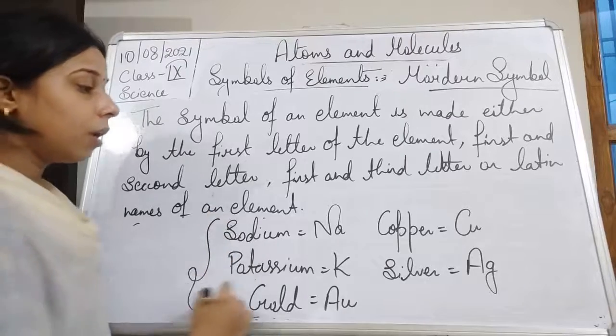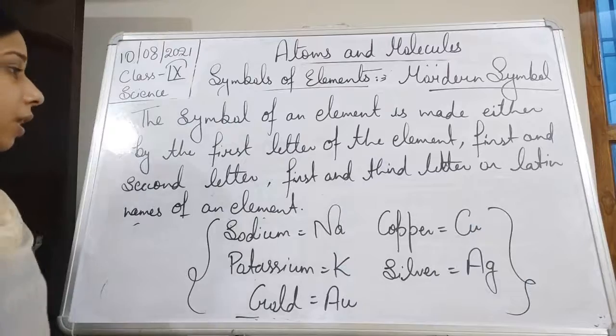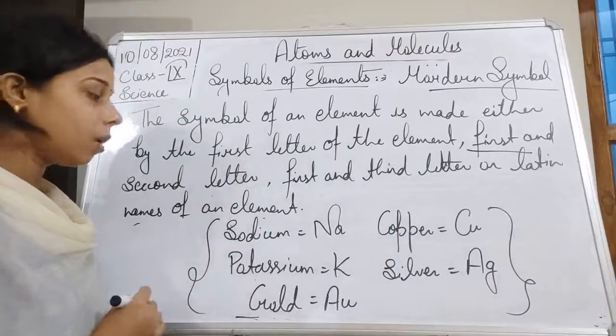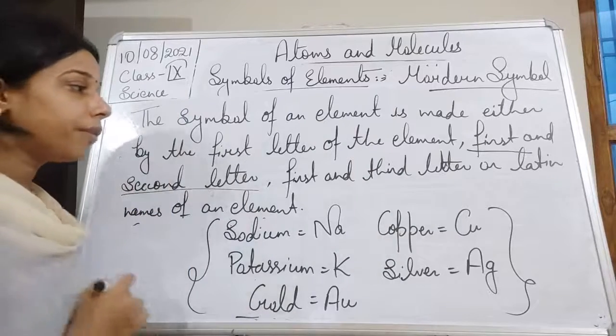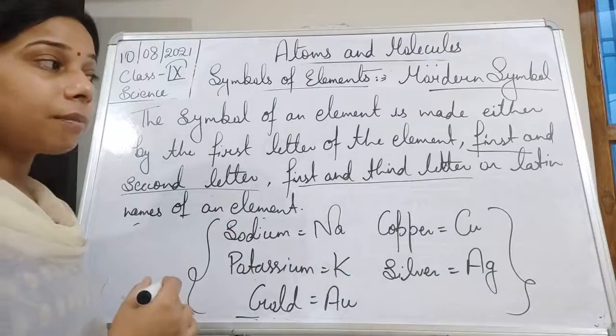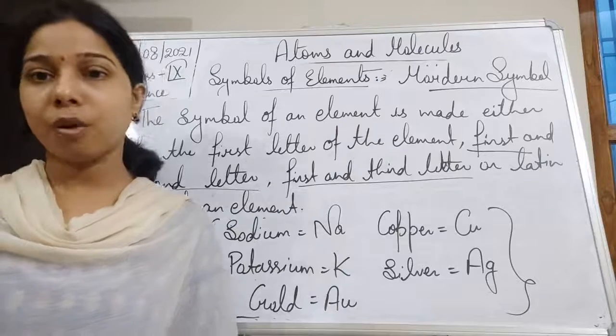So these are the different symbols that we use. Either we have taken the first letter of the element, or the first and second letter of the element, or the first and third letter, or we have taken the symbols from the first or second letter of the Latin name of the element.